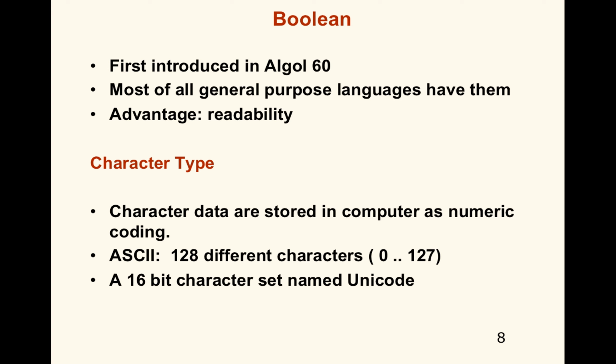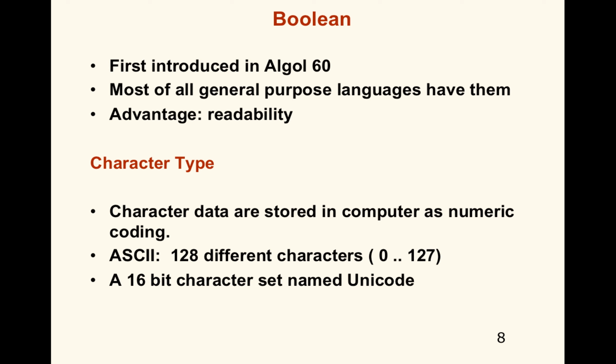If you use the 128 character set with the ASCII code, and you typecast a character to a number, or just print it to the screen, you're going to get the character. If you print it as a number, you're going to get the ASCII equivalent number.